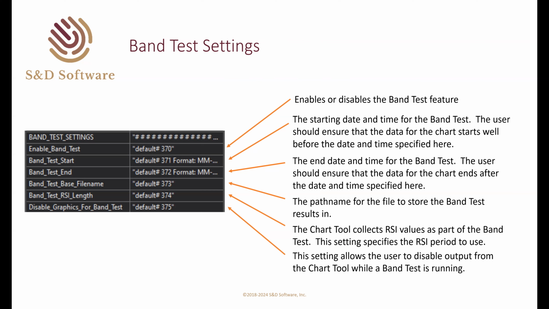Now, how much data you need before the test period depends on what the market was doing before the test period. If the market was moving sideways in a fairly tight range, you may not need a lot of data before your test period, because you just need enough data to cover the range and any supply and demand bands that would be created by that range.